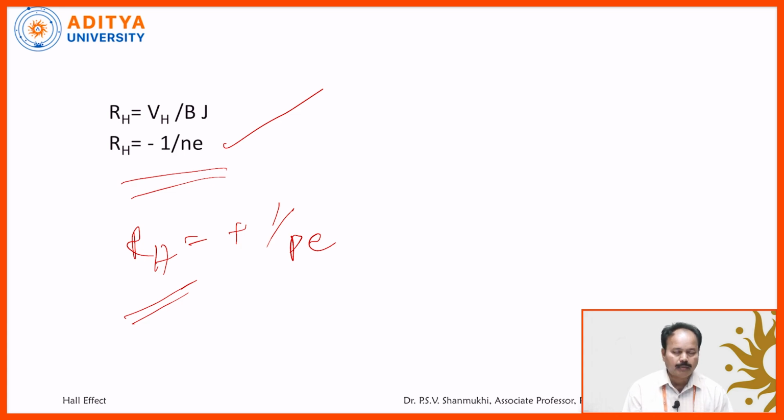If the Hall coefficient comes out to be negative, we say that the semiconductor is N-type, electrons are the carriers there. If the Hall coefficient is positive, we say that it is a p-type semiconductor and holes are the carriers there. So, from this Hall effect experiment, we can understand the type of the semiconductor and determine the carrier concentration.